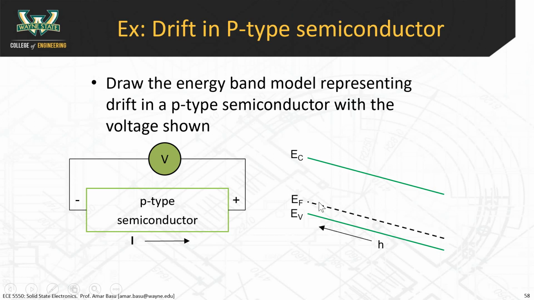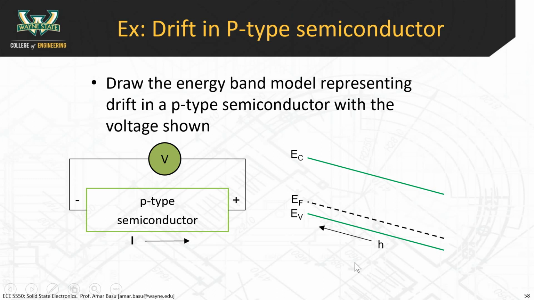Because the spacing between EF and EV is determined by doping, the space between EV and EF has to stay the same everywhere because it's doped the same everywhere. The spacing between EF and EC also has to stay the same because this is a uniformly doped material. So when EF tilts like this, EC and EV also have to tilt.